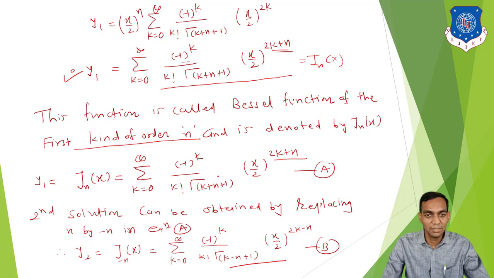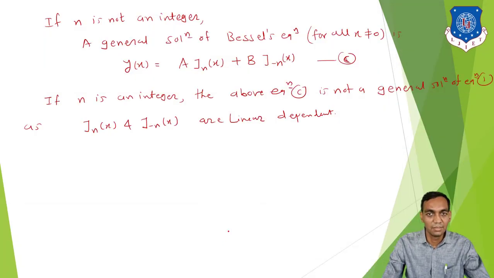So this is Jn, this is J of minus n, and once you have both solutions, where n is not an integer but a real value, the general solution is given by y is equal to A Jn x plus B J of minus n x, or you can write c1 Jn x plus c2 J of minus n x. But instead of c1 and c2 we have written capital A and capital B.